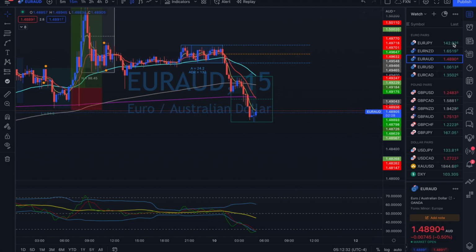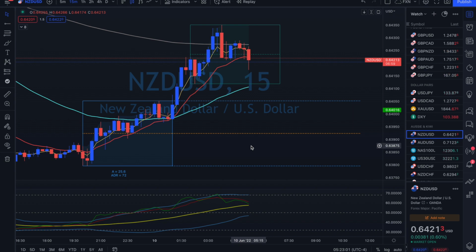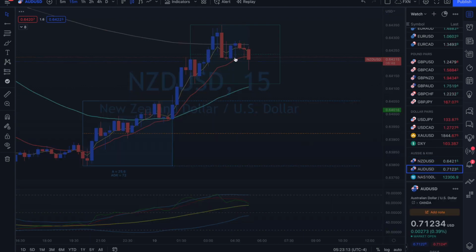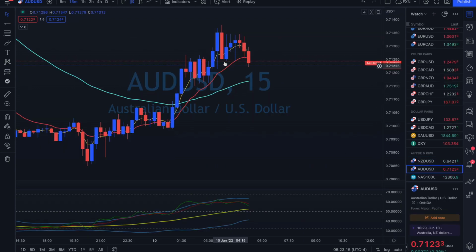In the next 2 minutes or so, for NZD USD and AUD USD, I know they're doing very similar moves. We're waiting to see if we can get a type 1 pattern that's pinning to the 200 EMA here. This is starting to develop quite nicely, and so is this one.